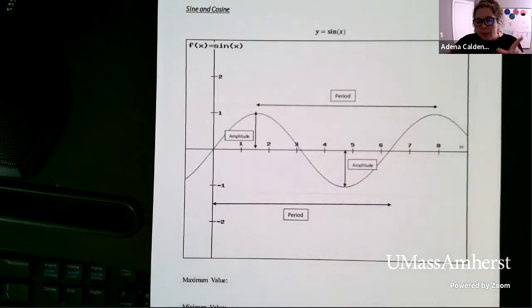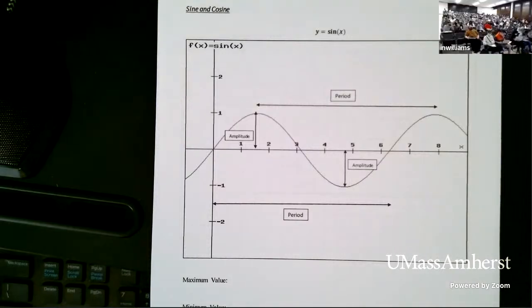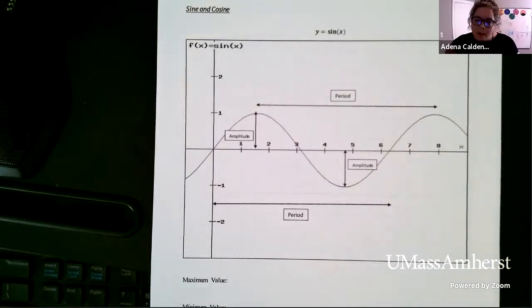So we're not going to be looking at angles in this class. So if you are doing problems with sine and cosine and you're getting them wrong, it may be that your calculator is in degrees and it needs to be in radians. So check your calculator at some point to make sure it's in radians for the future computations that we'll do.